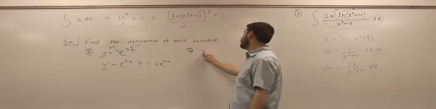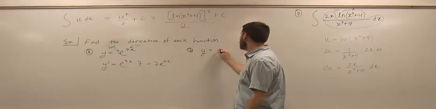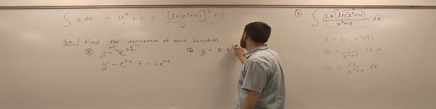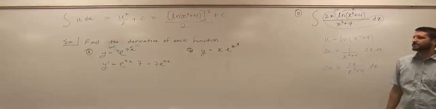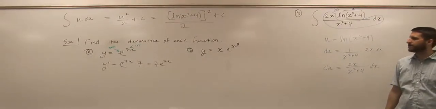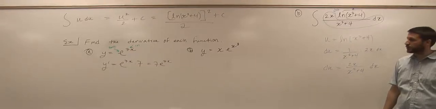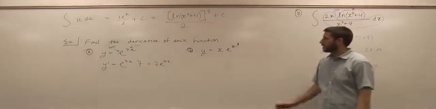B, y equals x e to the x cubed. And do the derivative. Product rule first, chain rule after. Right?